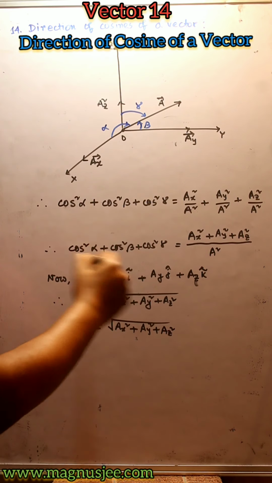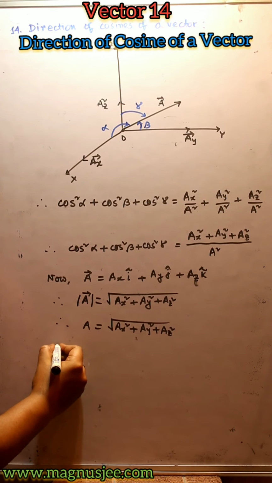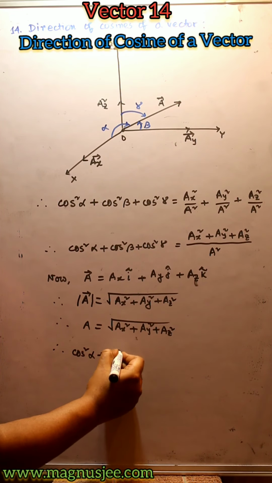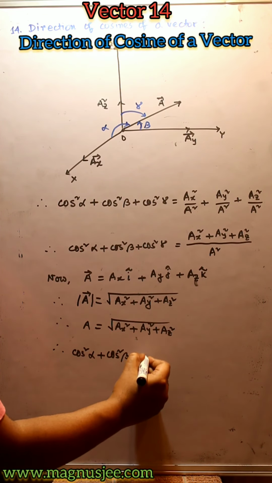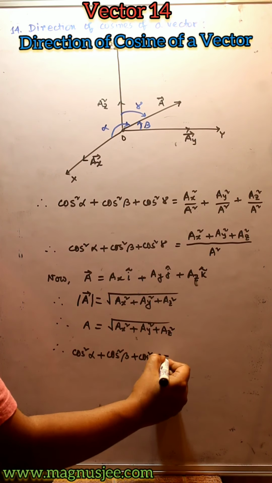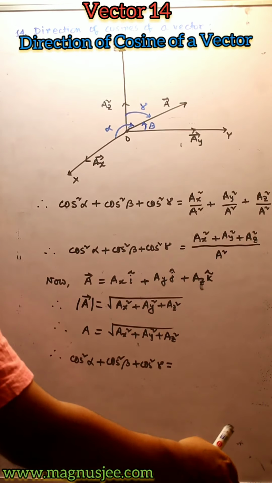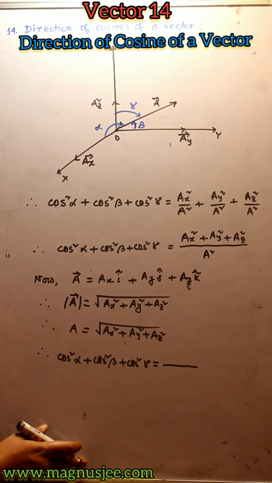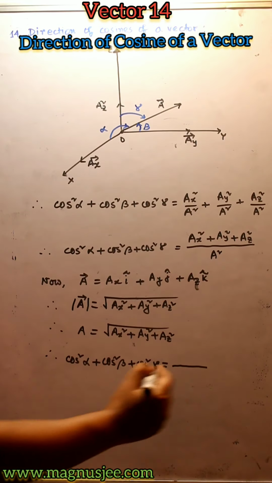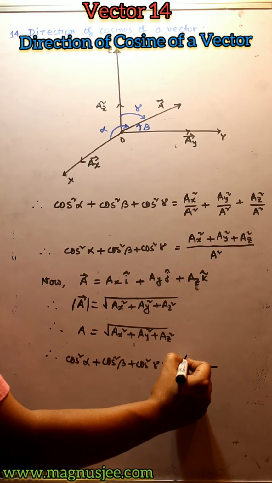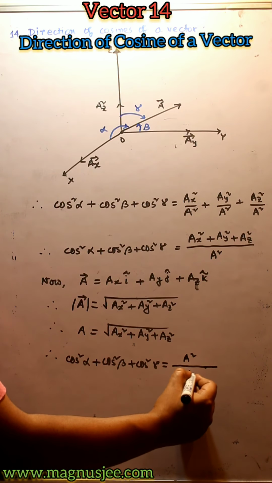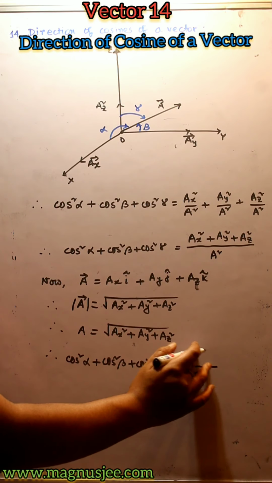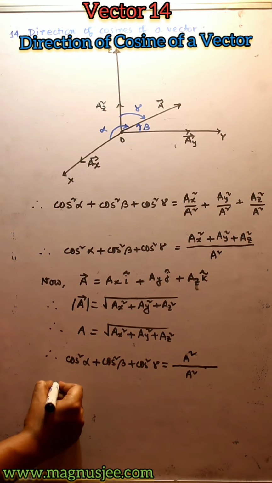So putting this value in the expression, cos square alpha plus cos square beta plus cos square gamma is equal to Ax square plus Ay square plus Az square by A square, that is A square divided by A square.